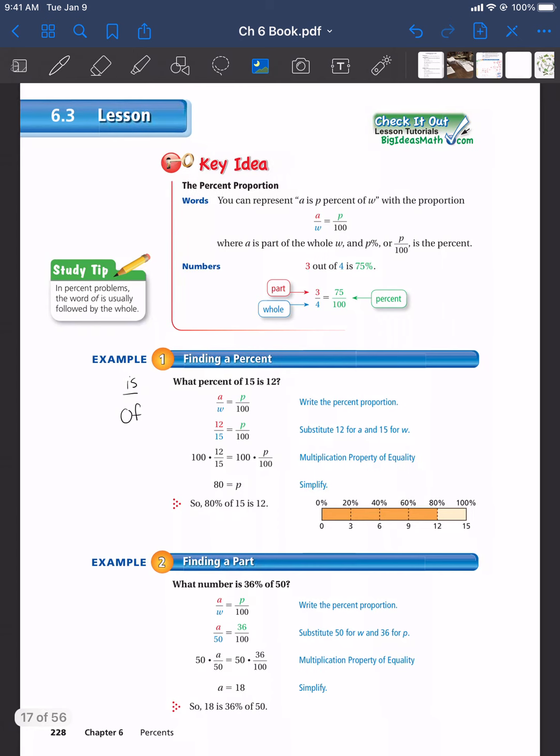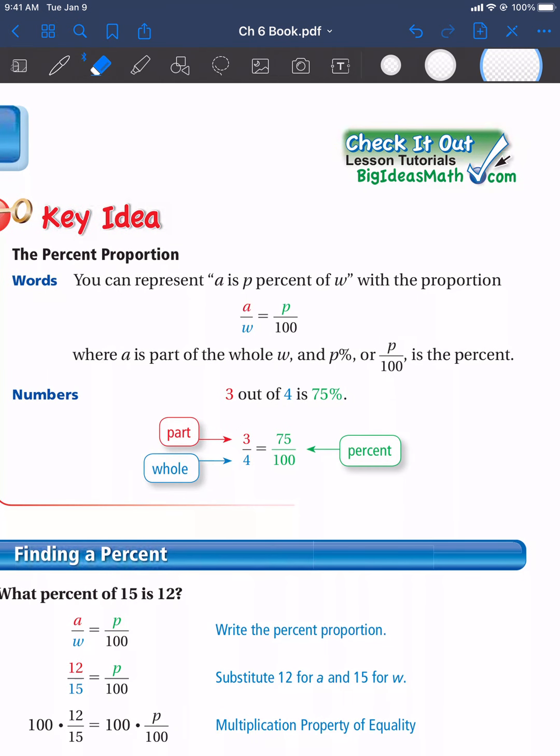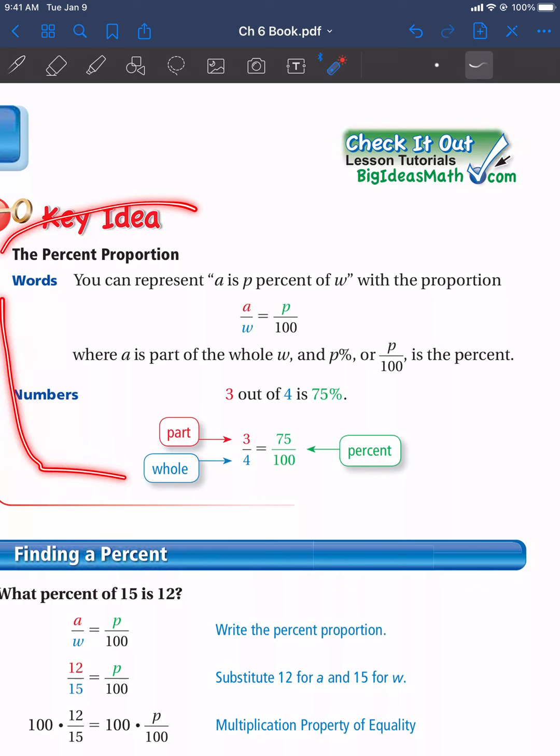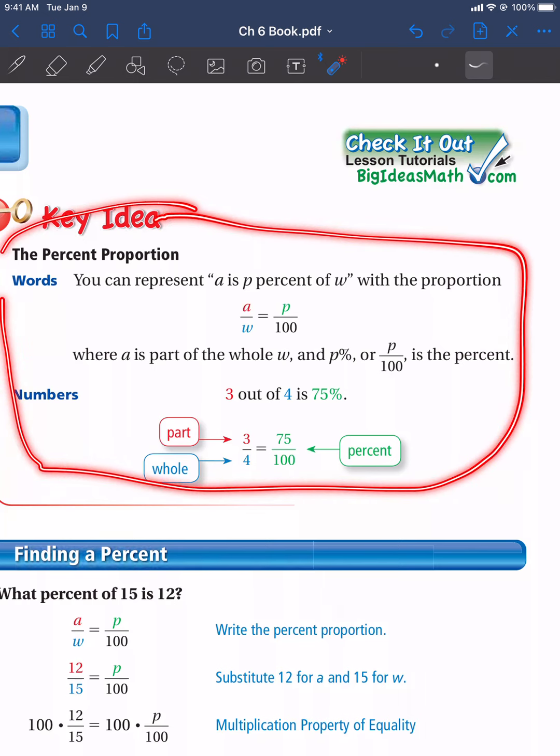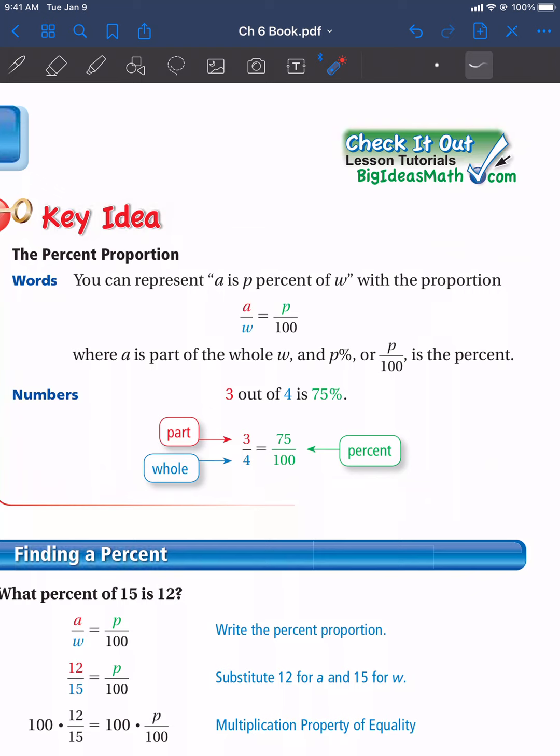I'm going to go ahead and go over to this lesson. I want you to pause the video and write down this whole section, okay? This whole section is super important. In words, you can represent A and P as percent of W with the proportion: A is P percent of W. So what I did is I taught you guys how to make an equation.